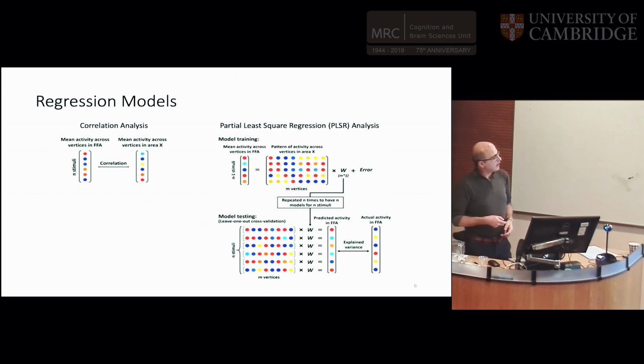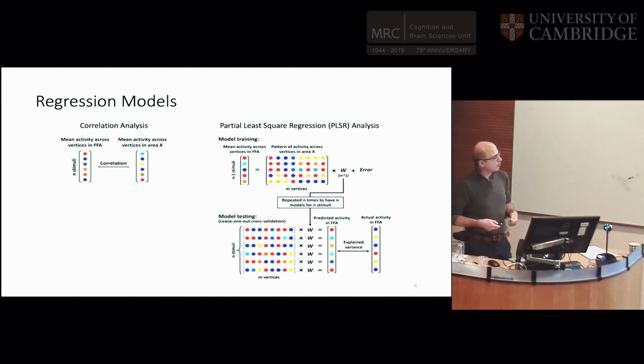And then you take these weights to predict the mean response in FFA for the left out stimulus. You give the beta values of the left out stimulus here, and then you multiply it by the weights, and you come up with the predicted response, and you repeat this procedure 60 times.